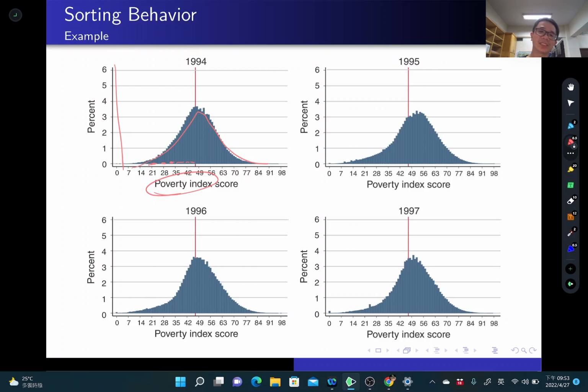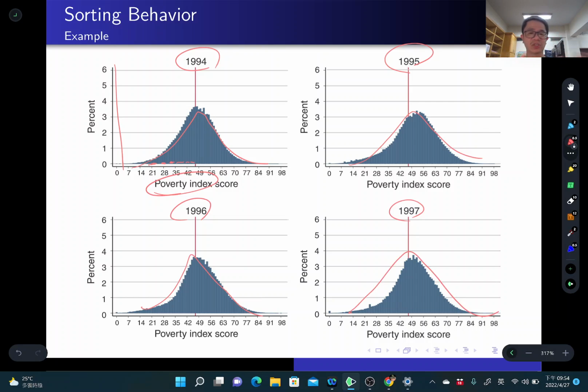You can see before 1997, in 1994 and 1995, the number of individuals located in each interval of the poverty index is actually quite smooth, and there's nothing special happening around the cutoff. The red line indicates the cutoff.